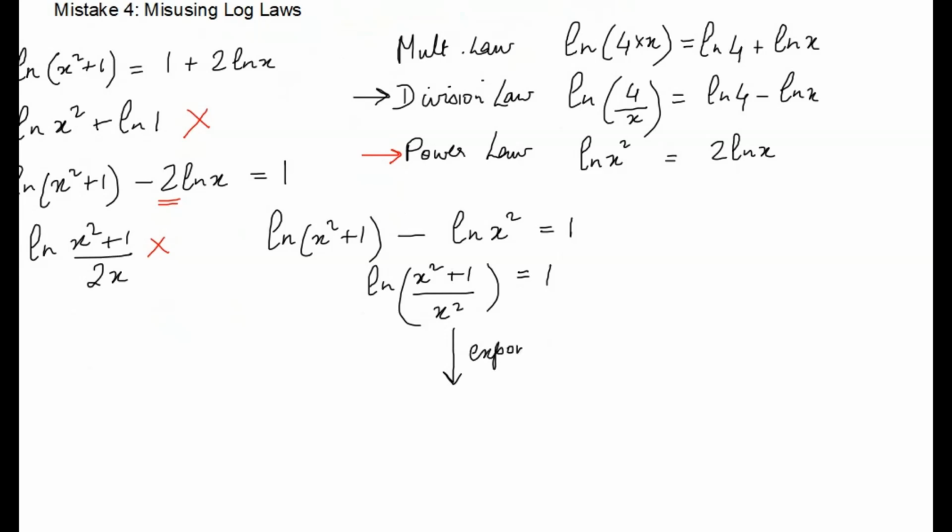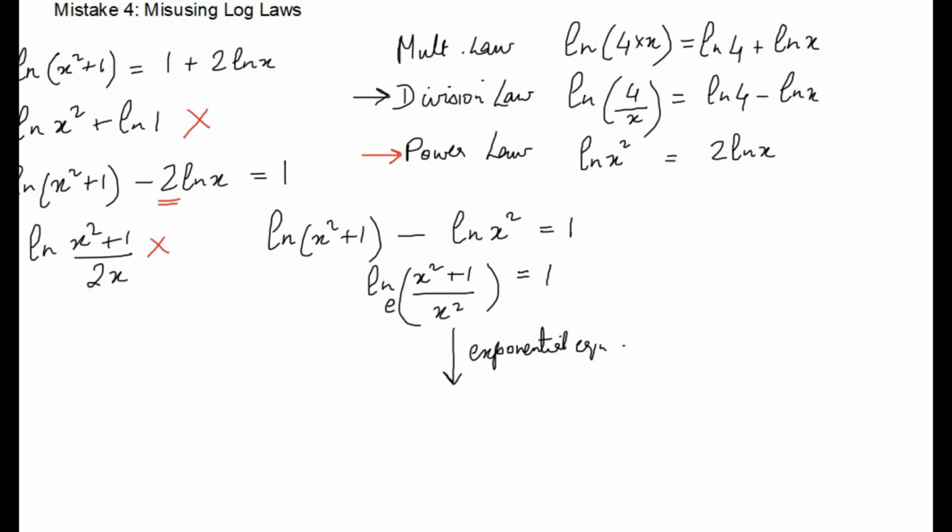So for an exponential equation, what you need is a base. So since it's ln of (x squared plus 1) over x squared, the base is understood to be e.